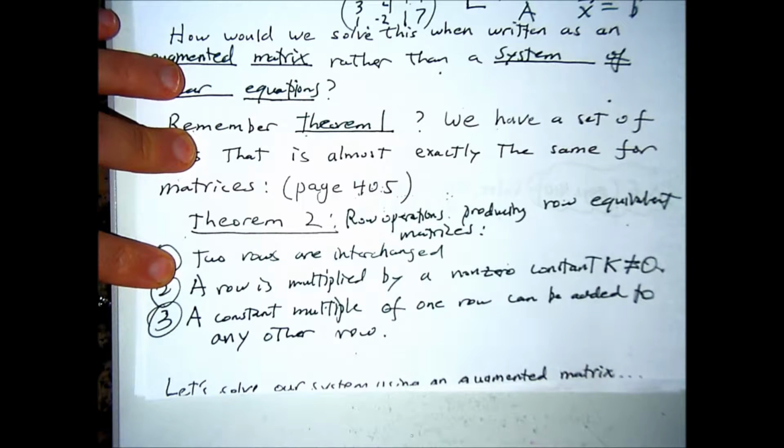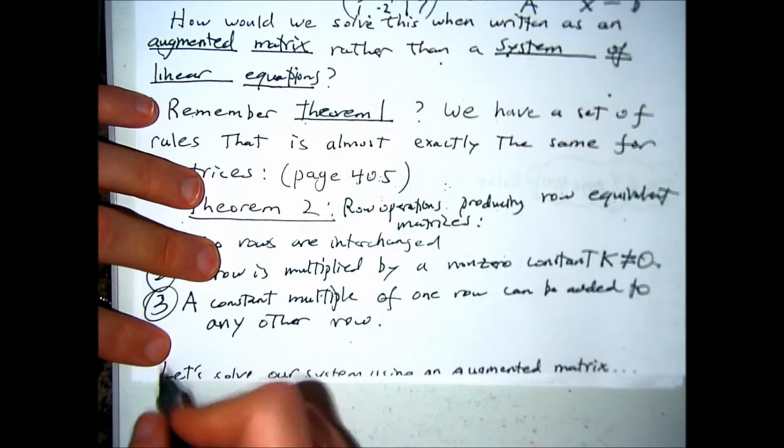And again, this is like the third one. This is the process of solving a system by elimination. This is the one that we'll be using the most. It kind of got cut off here.